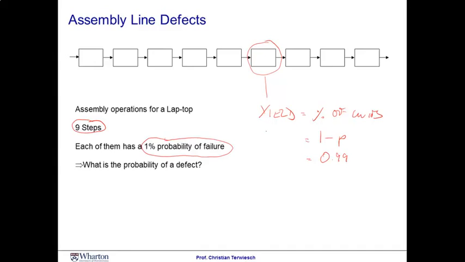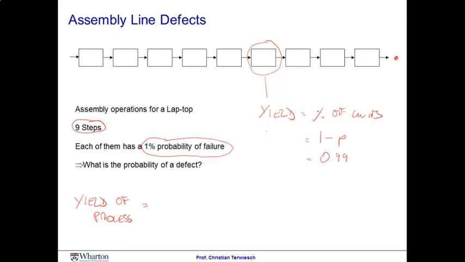Moreover, we define the yield of the process as a percentage of parts that are produced at the end of the process according to specification. The yield of the process, of course, depends on the individual yields and defect probabilities of the resources that make up the process.